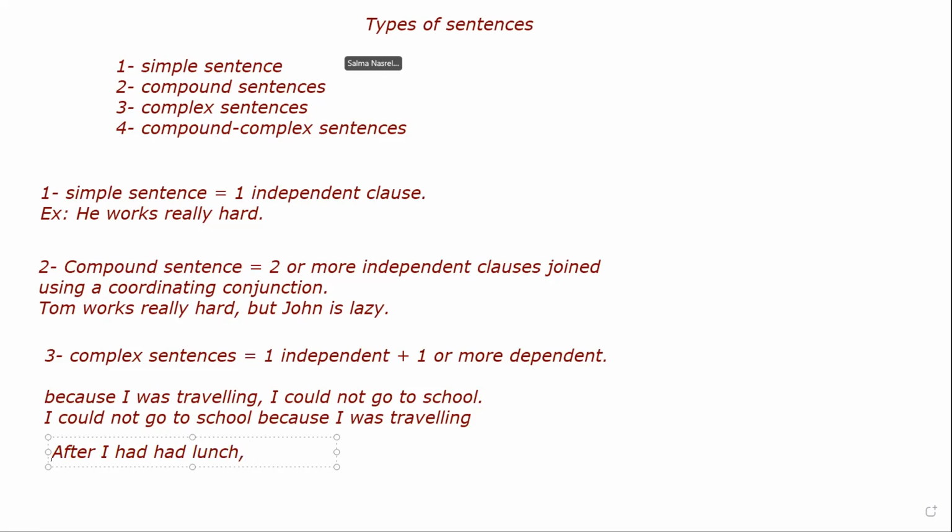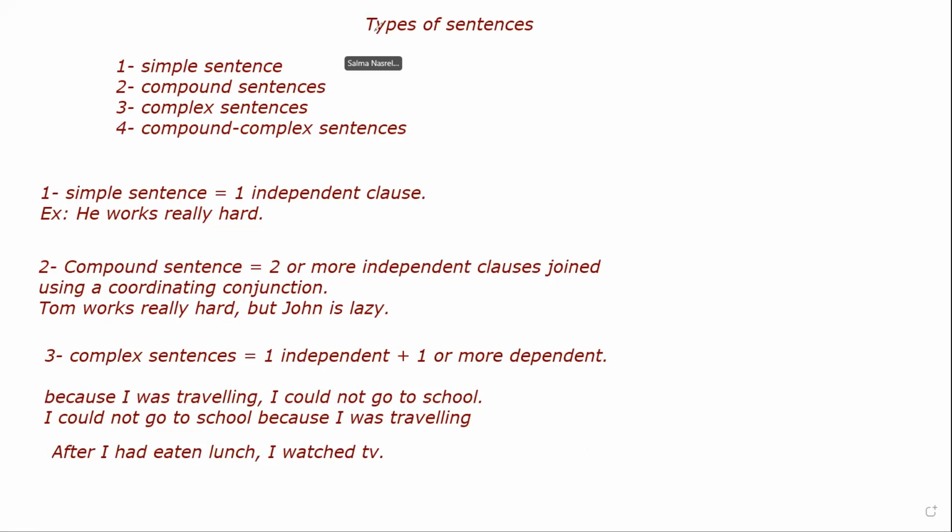I need an independent clause to join it. After I had lunch, I watched TV. So I had lunch, then I watched TV, right? So after I had lunch, or I had eaten lunch, I watched TV. Perfect.